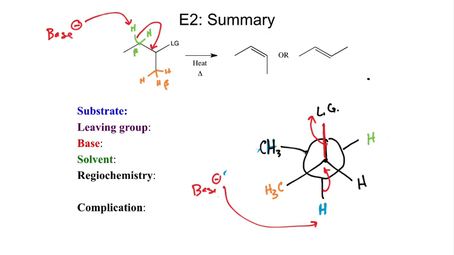Because there's a gauche interaction in the transition to make the cis product. That gauche interaction destabilizes that Newman projection, which means the CH3 would tend to rotate into the anti position so that my green hydrogen allows the elimination and I get the trans.